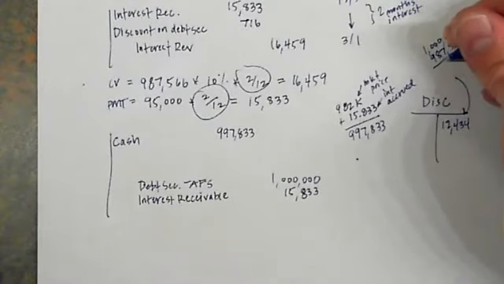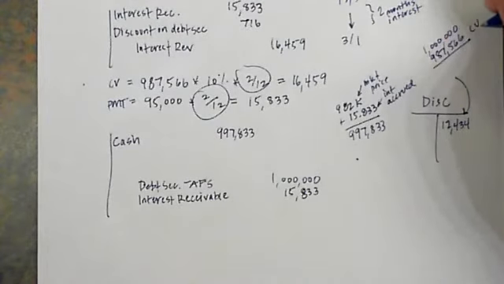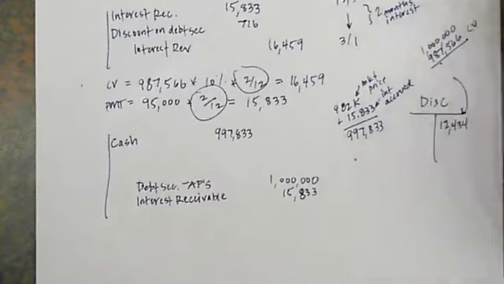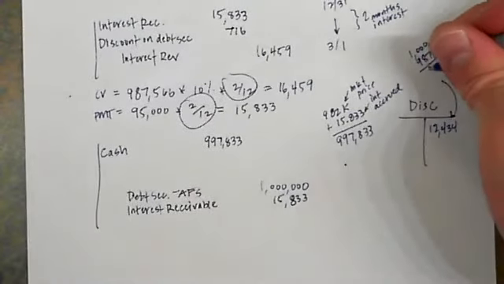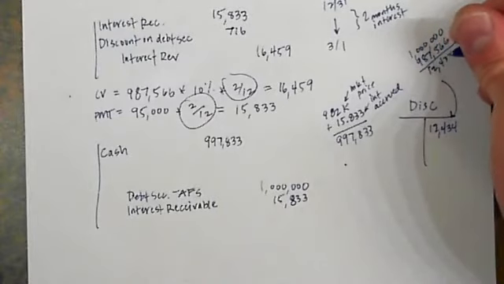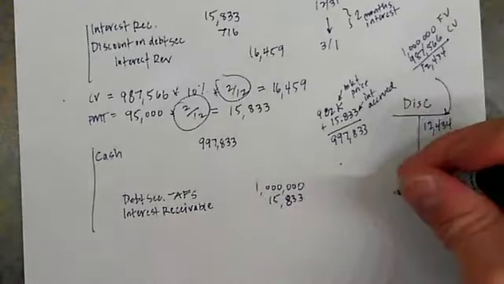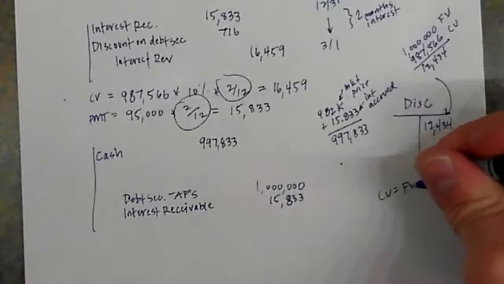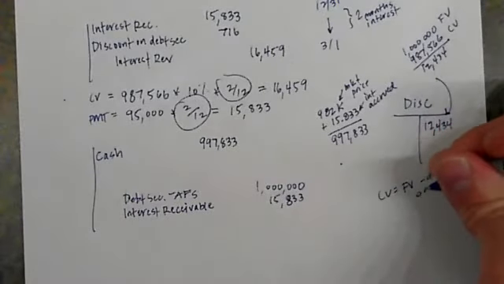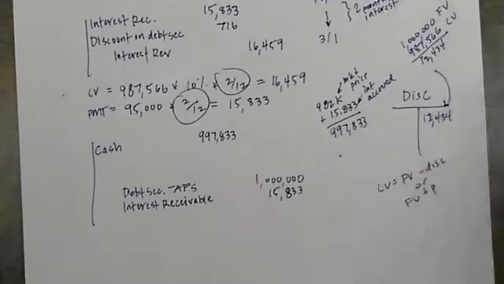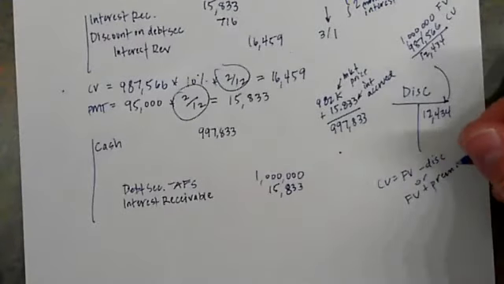And at the beginning of the year, this was the carrying value. Turns out that the difference would be $12,434. So once again, remember that whole carrying value equals face value minus the discount, or face value plus the premium, is very useful.